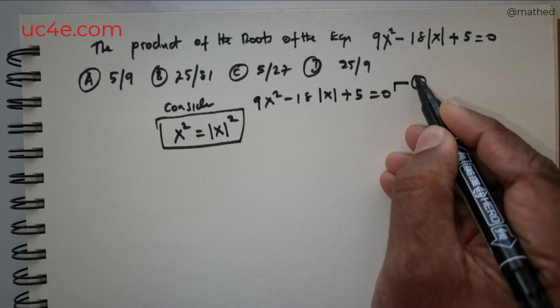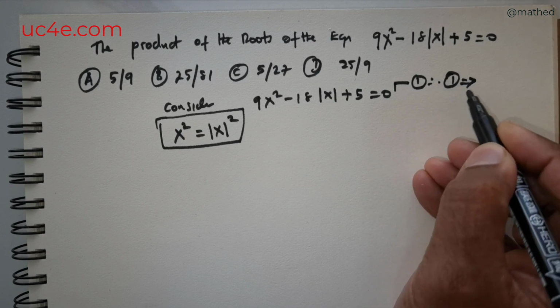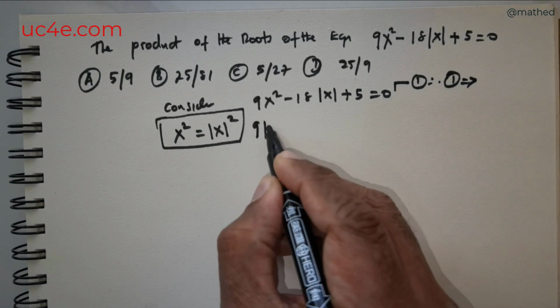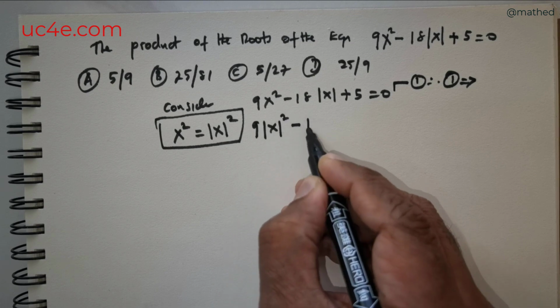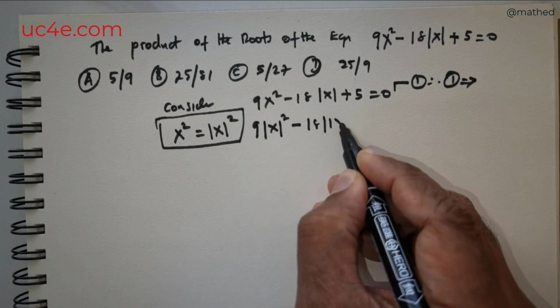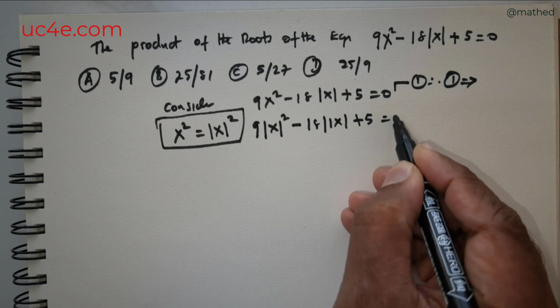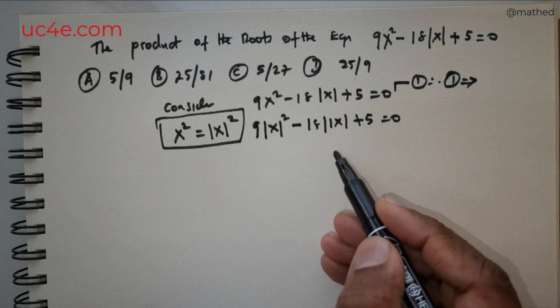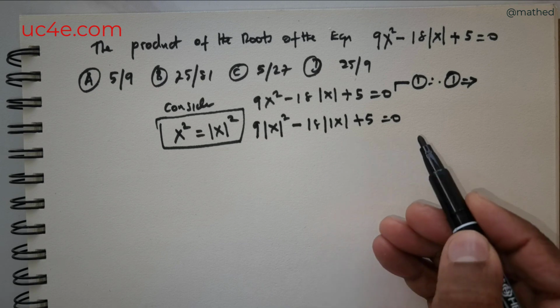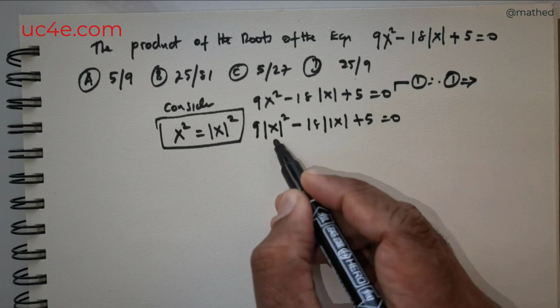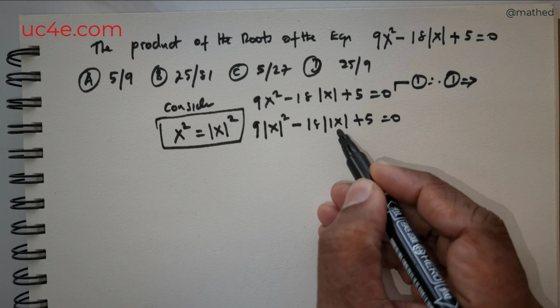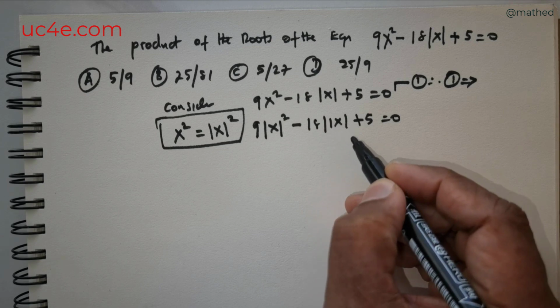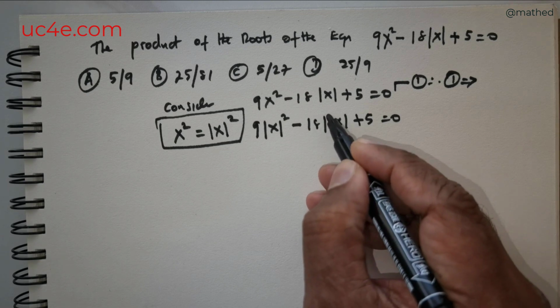So if I take this as 1, I can rewrite 1 as 9 times modulus of x raised to the power of 2, followed by negative 18 times modulus of x plus 5 is equal to 0. Now this is actually a quadratic in modulus of x.